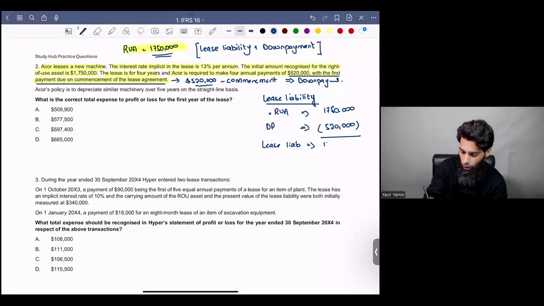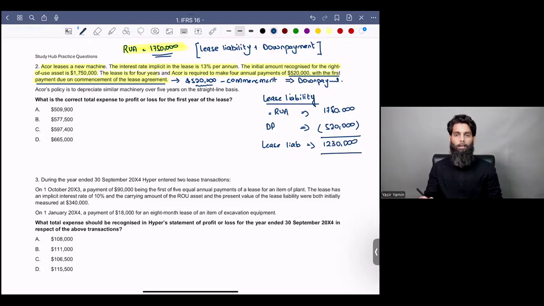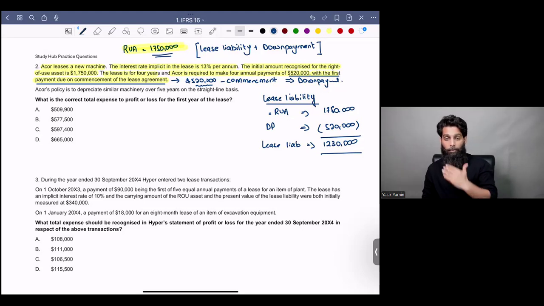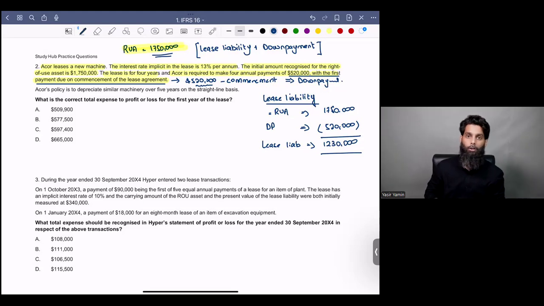Somebody is telling me it should be 1,230,000. I want an answer from everyone. Is this point clear? Right to use asset includes the down payment, which the examiner had already given us. If we need to calculate the lease liability, this 520,000 needs to be excluded because this is the down payment. Agreed?